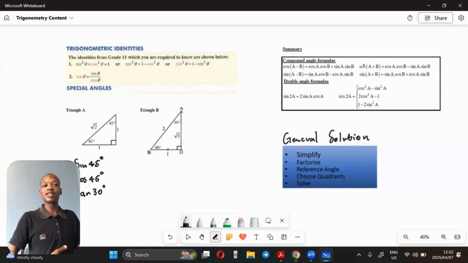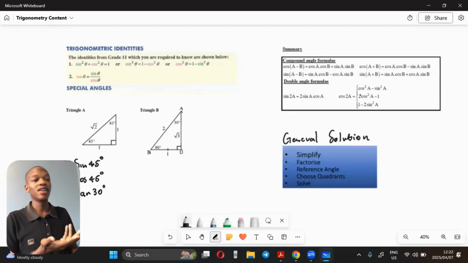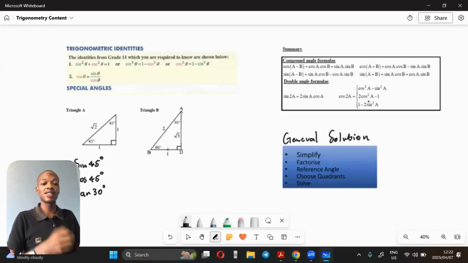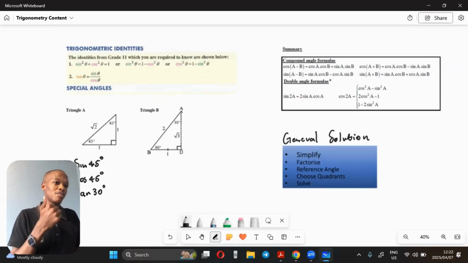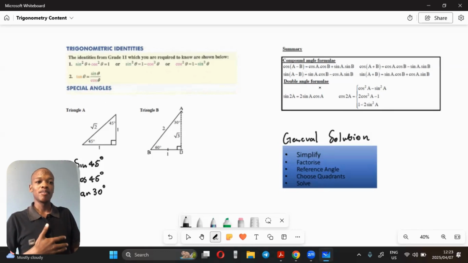Another identity, if you are in matric, is double angles. For identities for double angles, sine 2a is equal to this, and cos 2a, a double angle for cos, has 3 identities. And then we have compound angles for matric. Compound angles, make sure you memorize that, but they are given in your formula sheet. For tan theta also, whenever you see tan theta, you can write it as sine theta over cos theta, but at some point they will need you to manipulate it in a particular manner.